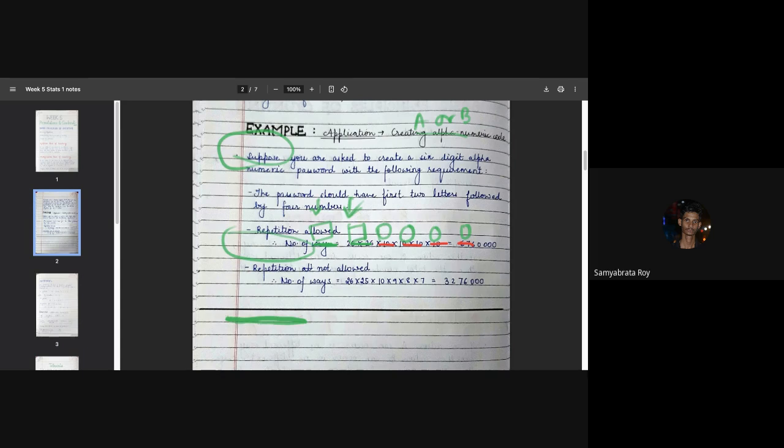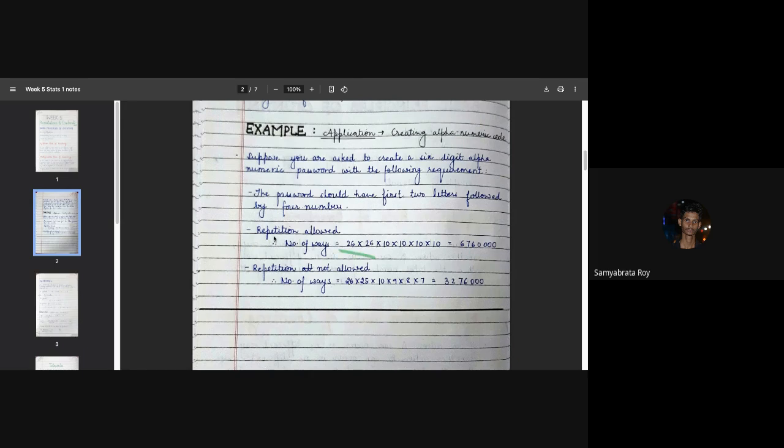Now, if you are not allowing it, then if a particular letter is being placed at the first place, you cannot place it again on the second letter space. Okay? So, which is reducing the number of available choices I have by 1. So, let's calculate.